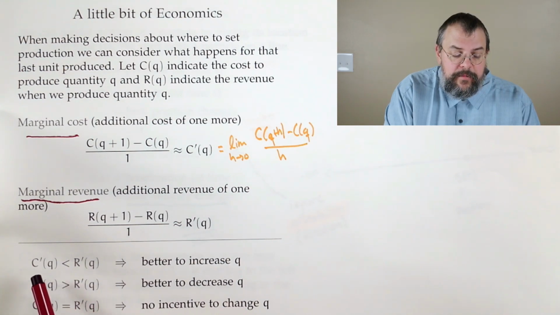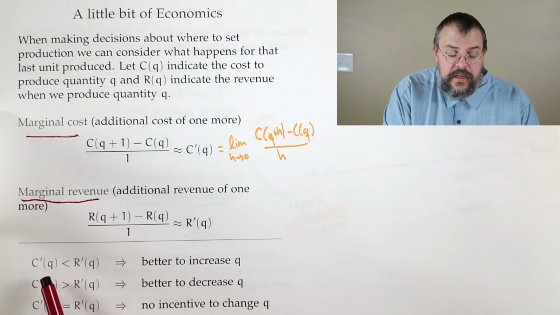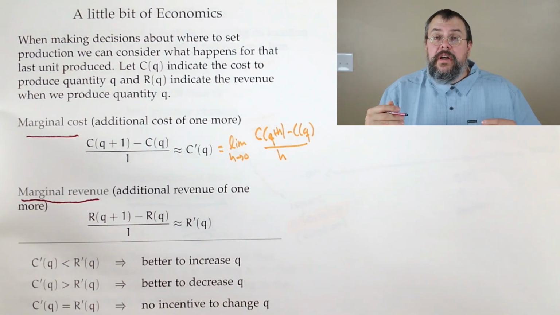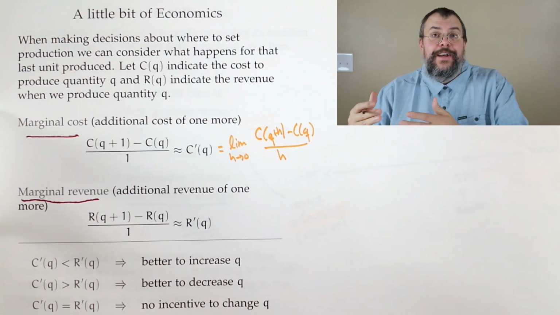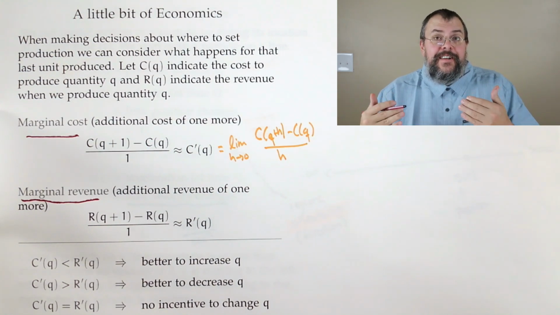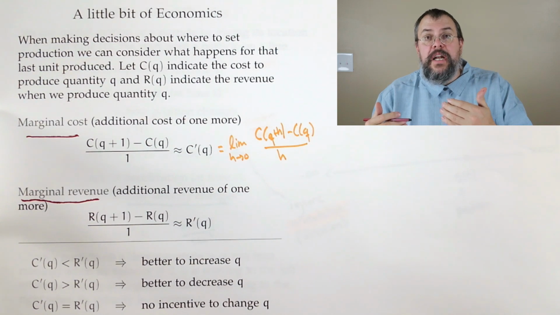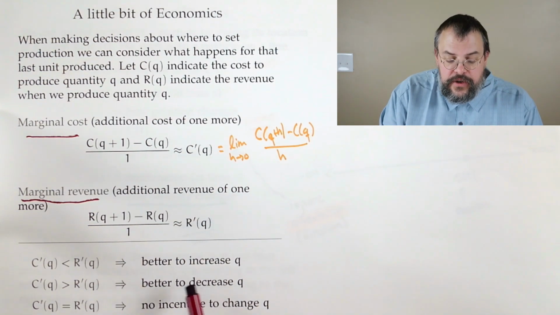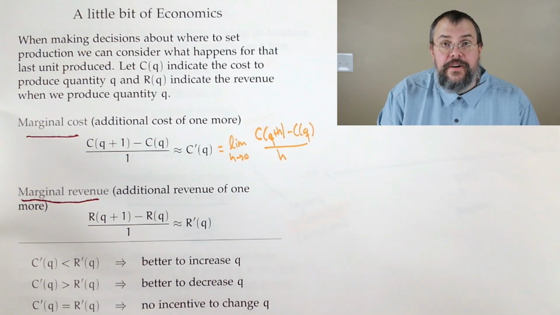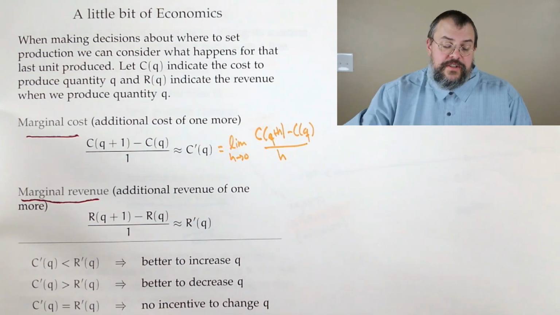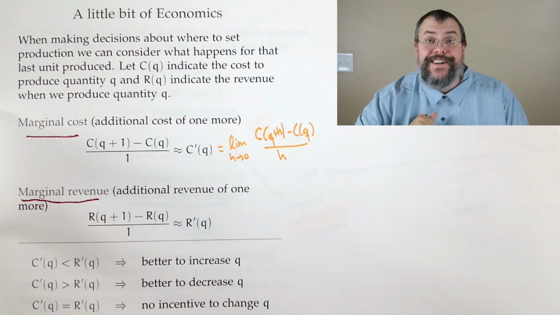So it says that the amount it costs us to make something is less than how much money we're going to make. So it's like, wow, we should make that because we're going to come out ahead. The next one we make, we're going to overall make more money. So that says, hey, you should be increasing the quantity that you produce. So marginal cost smaller than marginal revenue, make more.